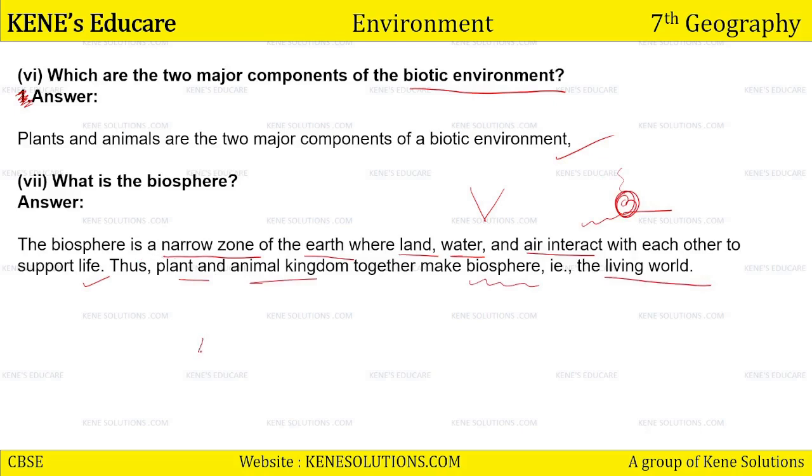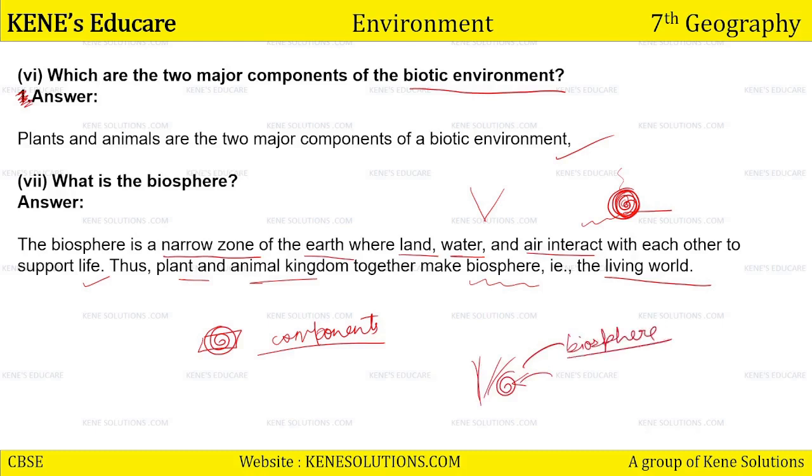So biosphere is any narrow zone where the interaction of the components of earth happens. Wherever land, air, and water meet and interact, that zone is called the biosphere. The plants and the animal kingdom create an interactive zone, and hence a biosphere is created there. Similarly, various other biospheres are also created. I have just given you an example. By the interaction of the plant and animal kingdom, there is a narrow zone where the biosphere is created, and hence we have the living world.